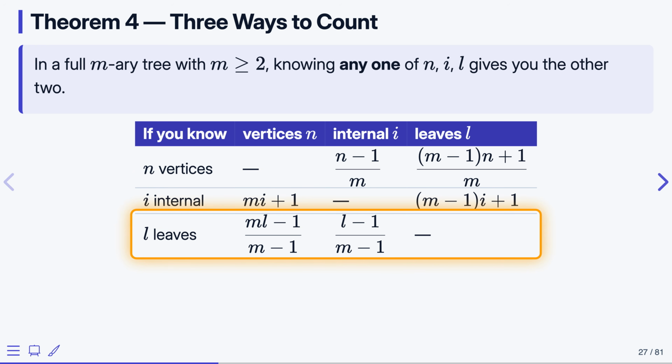The third row starts from L if you know the leaf count. The total is (mL-1)/(m-1), and the internal count is (L-1)/(m-1). You do not need to memorize these. On the next slide we build 1 row from scratch, and the others follow the same way.